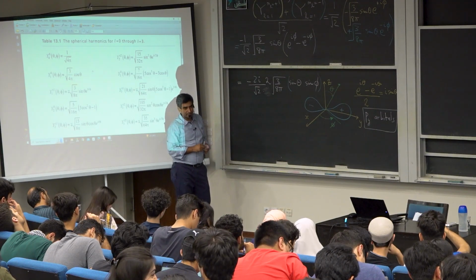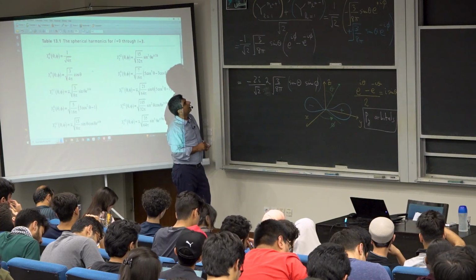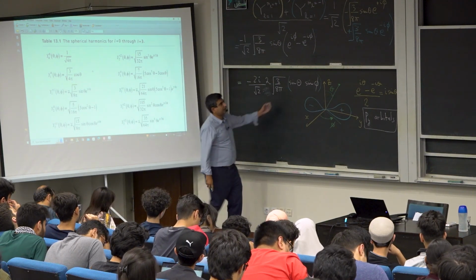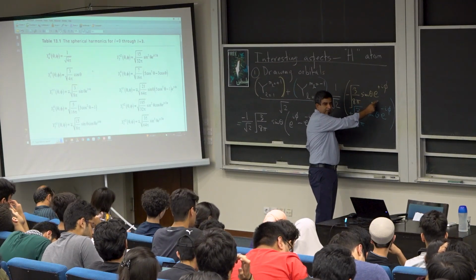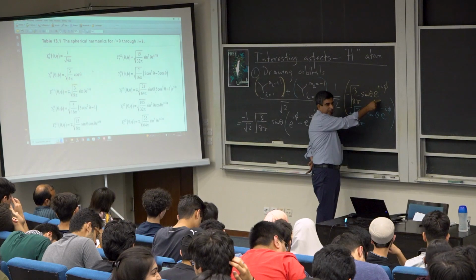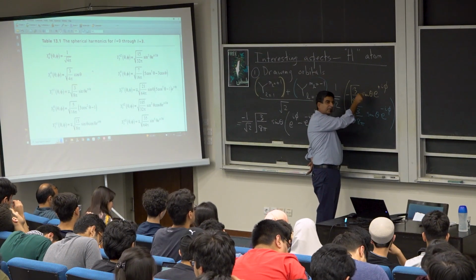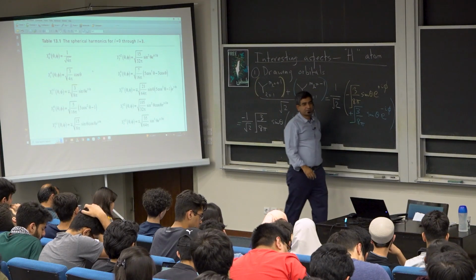If you just wanted to plot this, the real part of this will be sine theta cosine phi. I can plot it. The imaginary part will be sine theta sine phi. I can plot it in an analogous fashion.